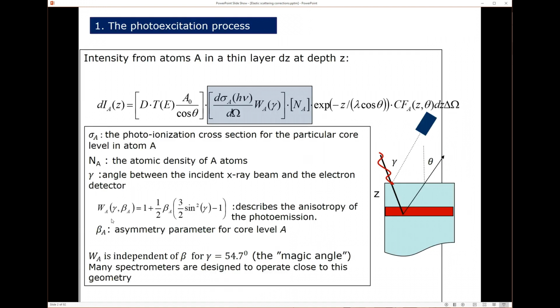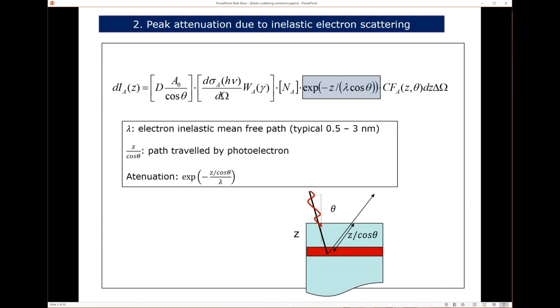For the photoexcitation process, we can use cross sections from tabulations, or we can use references. Usually when doing quases analysis, we'll use reference spectra. For the attenuation, that's fairly simple.